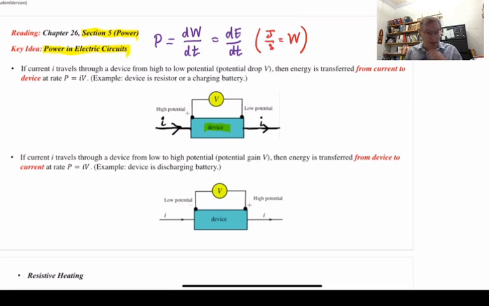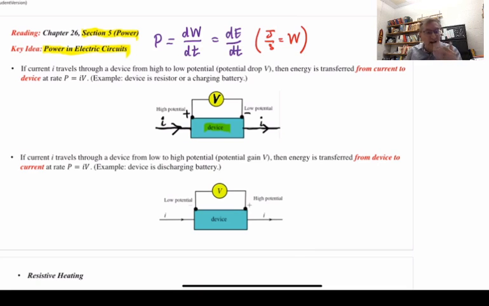Okay, so again, this is just part of a complete circuit, and we're focusing on this device. We're also going to hook up a voltmeter. You've used those in labs. And that's going to measure the potential difference, V, between the two ends of the device. And in my first picture, the way this device is operated is that as the conventional current flows through it from left to right, the left end has the higher potential, and the right end has the lower potential.